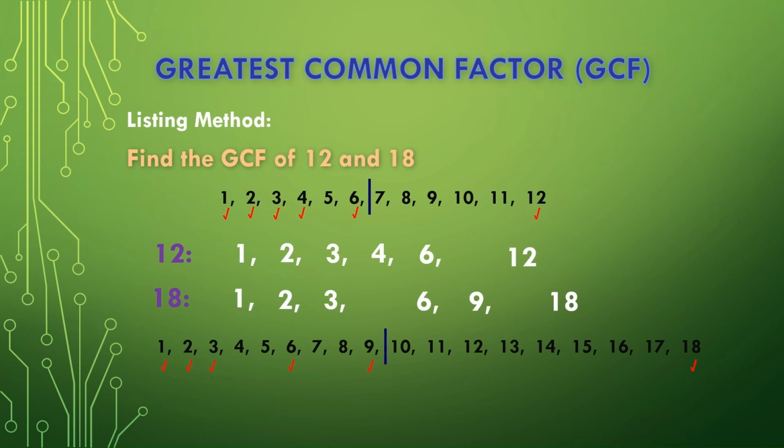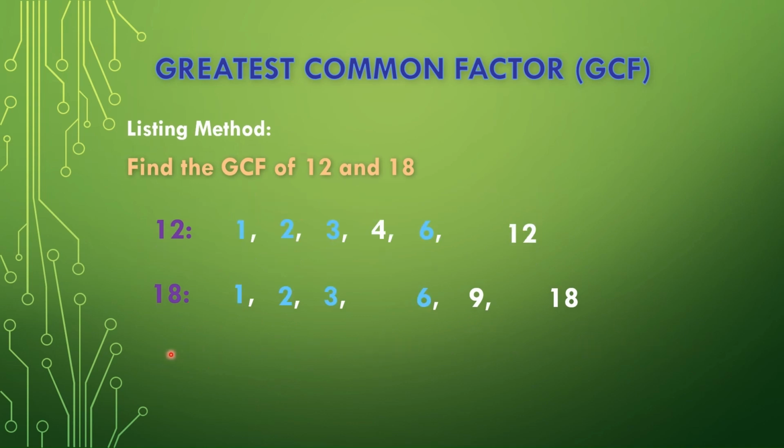So, the factors of 18 are 1, 2, 3, 6, 9, and 18. The common factors of 12 and 18 are 1, 2, 3, and 6. 6 is the greatest common factor.